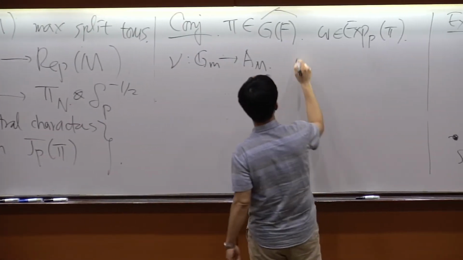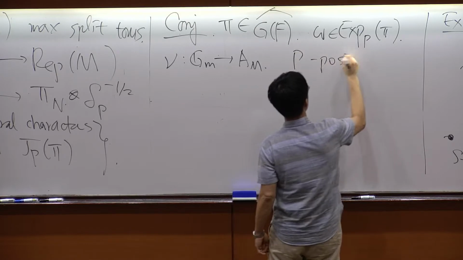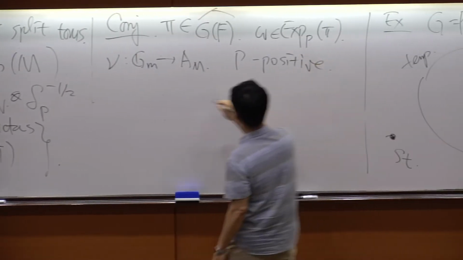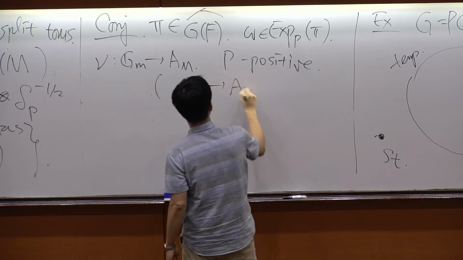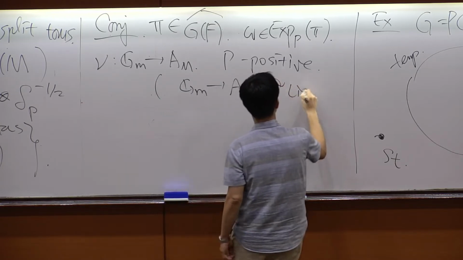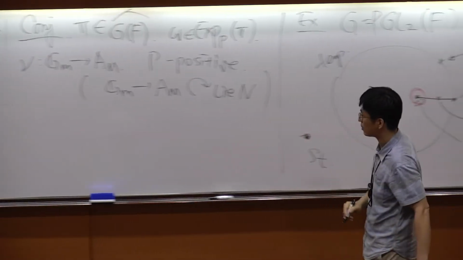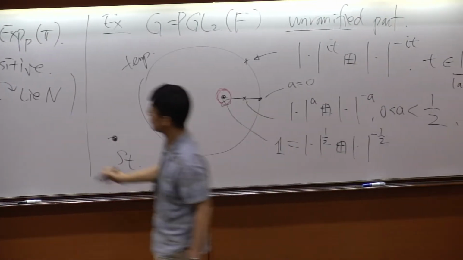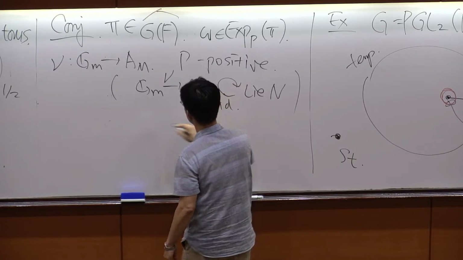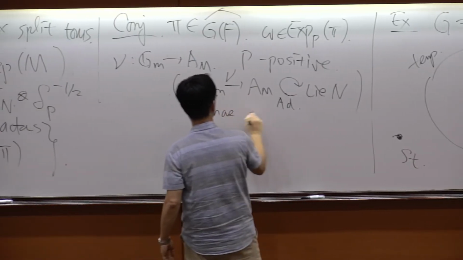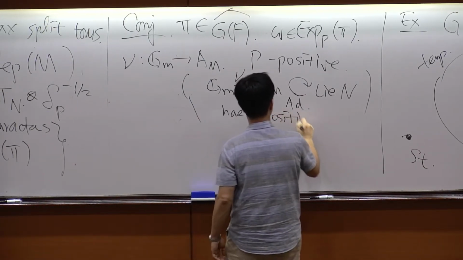But let's say this is P-positive in the sense that when it acts on the Lie algebra of N by the adjoint action, the weights are all positive.